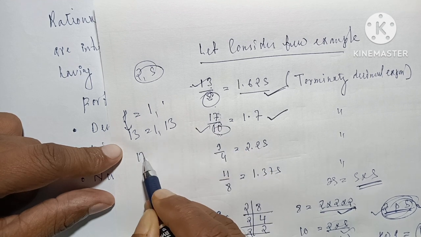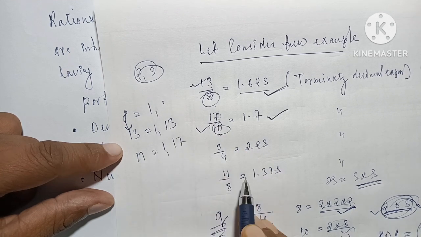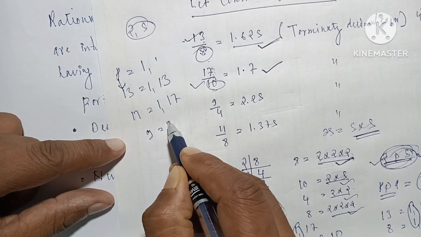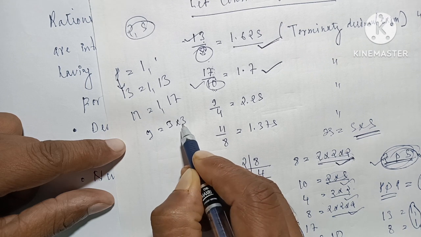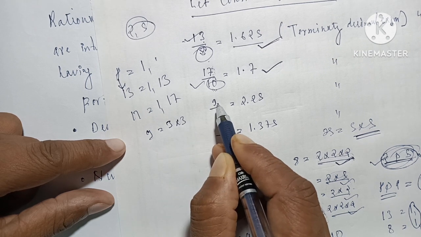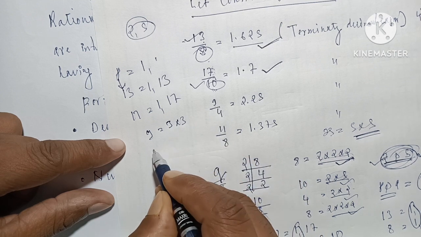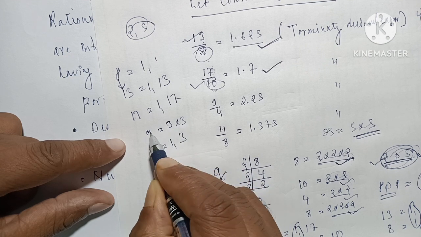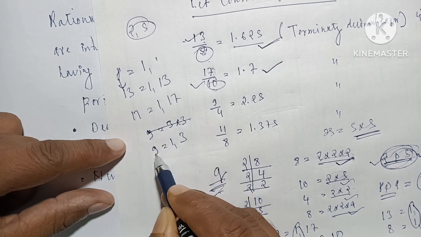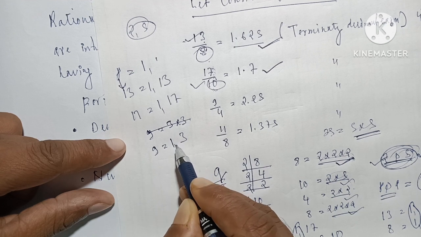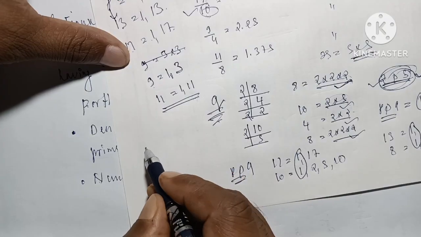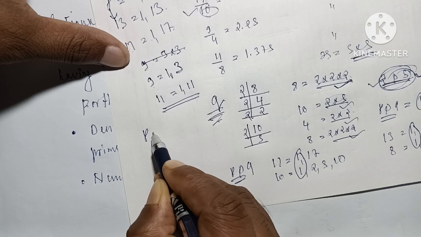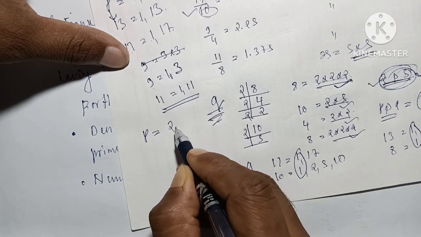In the same way, 17: its factors are 1 and the number itself. Then 9: its prime factor is 3 and 3, and its factors are also 1 and 3. Okay, this one we don't consider. Let's consider that P should not be a factor of 2 and 5.